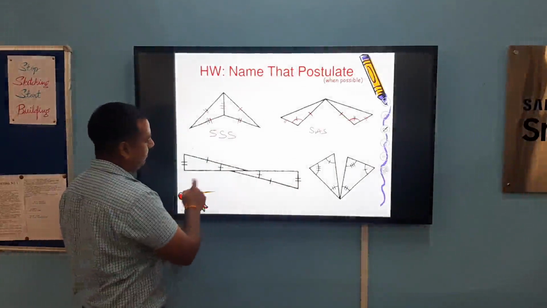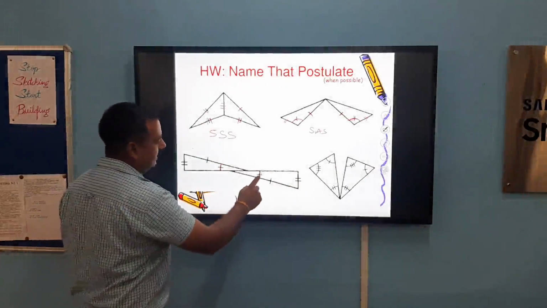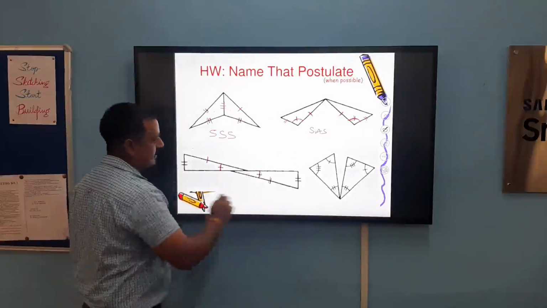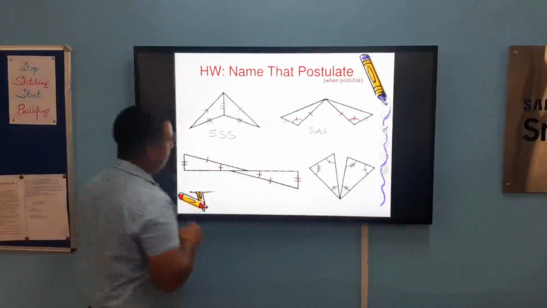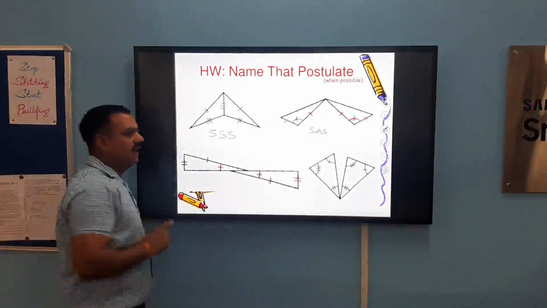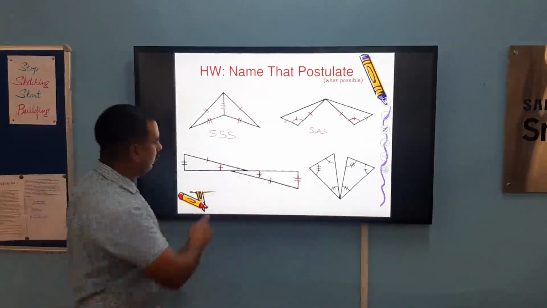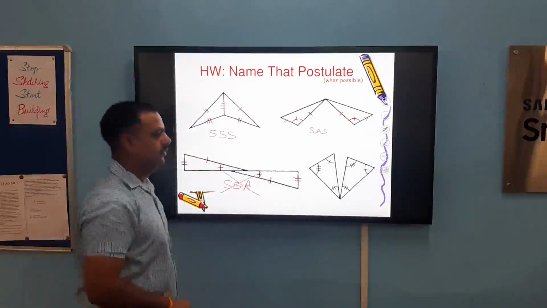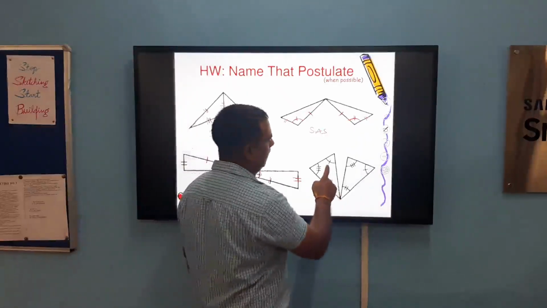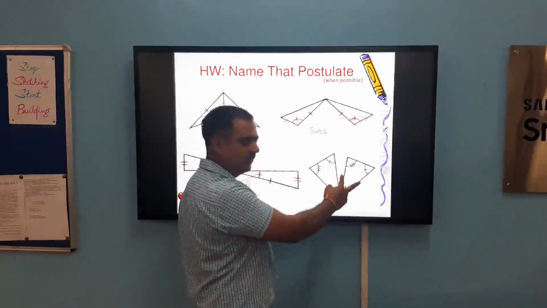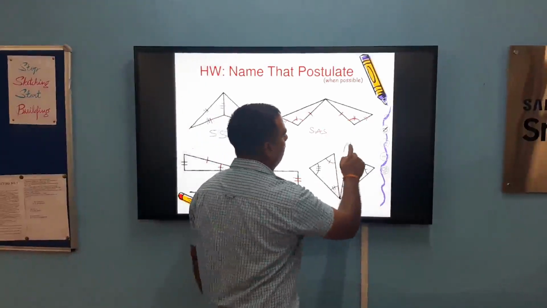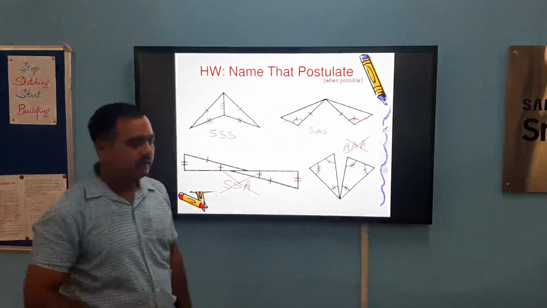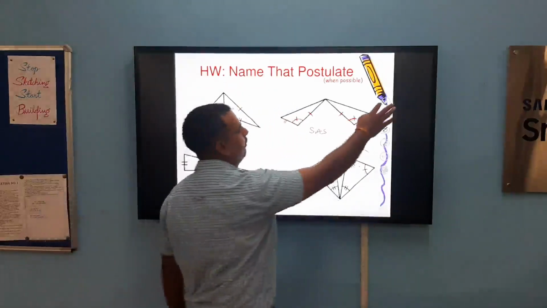In this figure, this angle is equal to this angle, and this side and the second side are equal, but the angle which is given equal is not the included angle, so SSA is not used. Here in this figure, all three angles of two triangles are equal, but as we learned, AAA is not any congruency criteria.